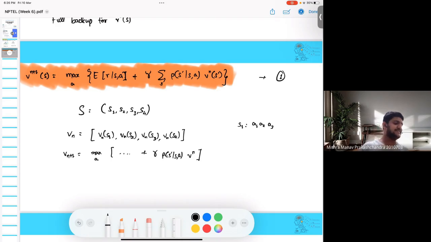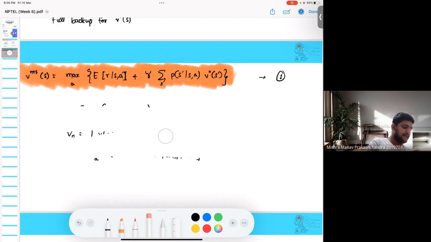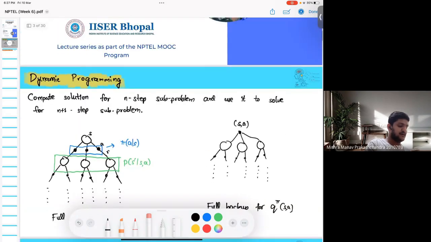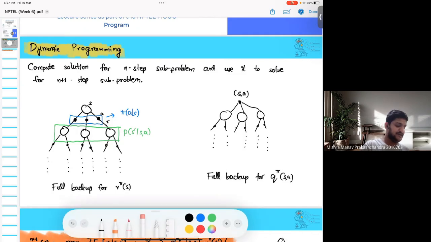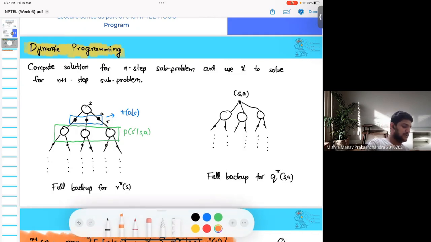Okay. So that means in order to make any such update to the value function, if I go back to this update figure, in order to update s, I need to have complete information of this quantity.